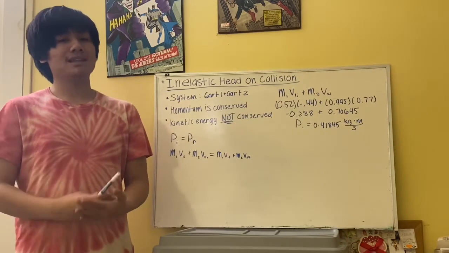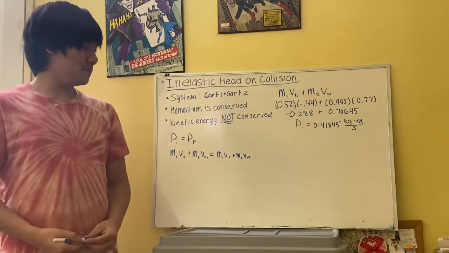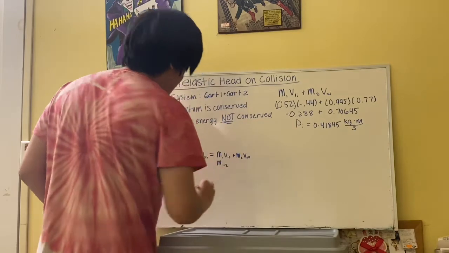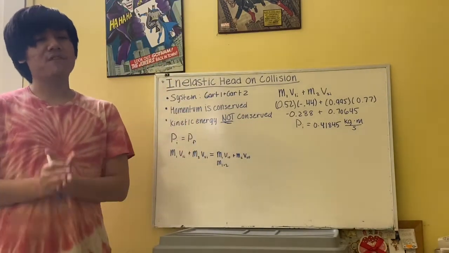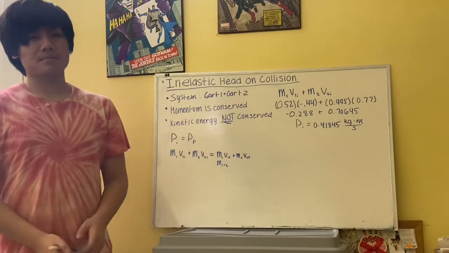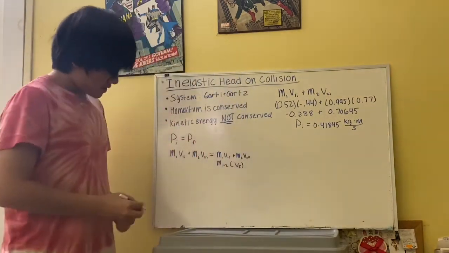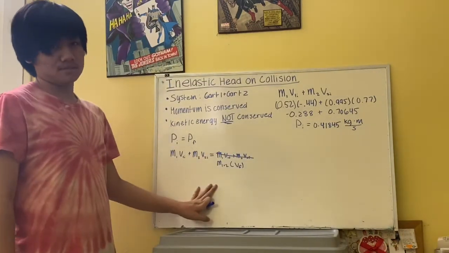These two objects collide and stick together, so their masses in the end should be combined. That means it should have a common mass, mass 1 plus mass 2. And because they are moving together, their final velocity goes for both of them. So, in fact, this equation is what should be examined.